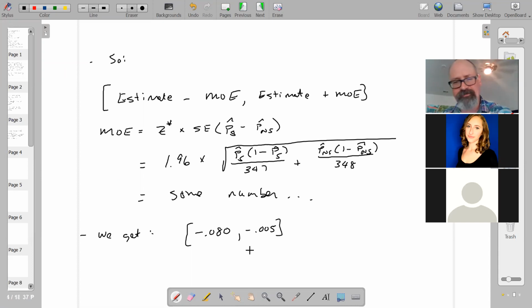So when you're looking at a confidence interval like that, and this is related to the last bit of that question, what does it mean? There's one observation that I think is worthwhile here. It's that this confidence interval is negative.